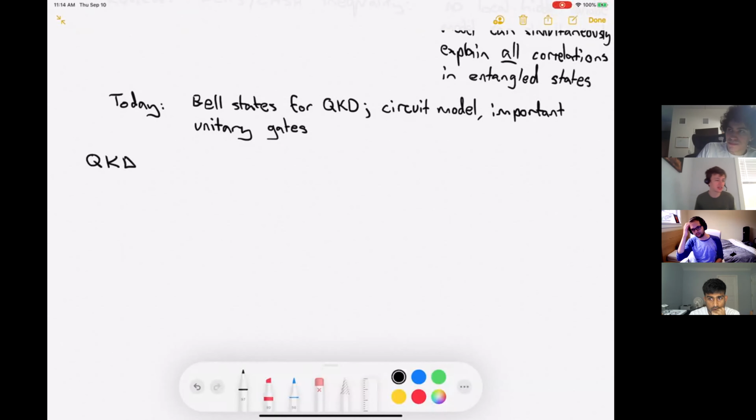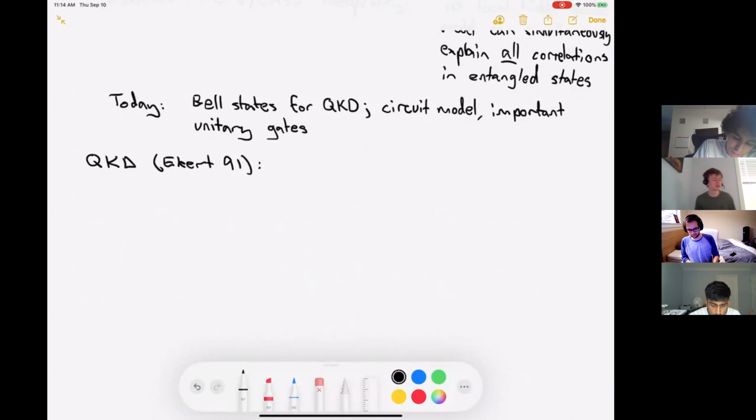Previously, we talked about BB84, which was named after Bennett and Brassard. It was invented in 1984. Now we're going to talk about Ekert 91, which unsurprisingly was invented by Arthur Ekert in 1991.